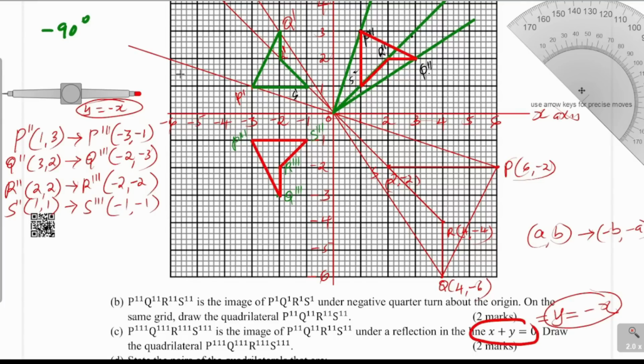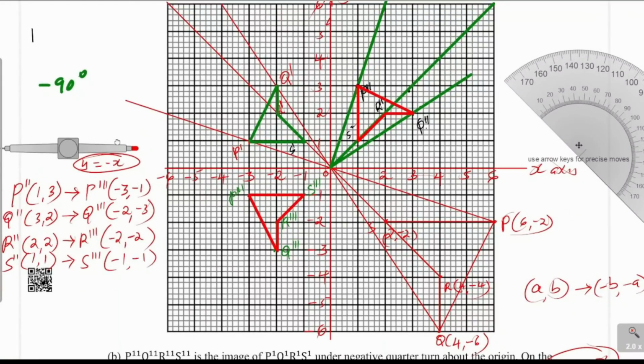That line passes through the center of the axis. This is the line of reflection, y is equals to -x. You can draw that line and you'll see that the object and the image are directly opposite each other alongside that line of reflection.